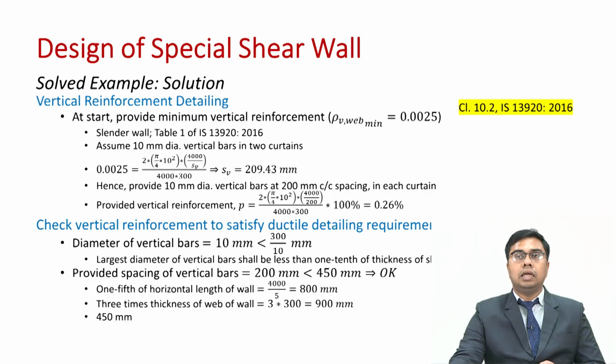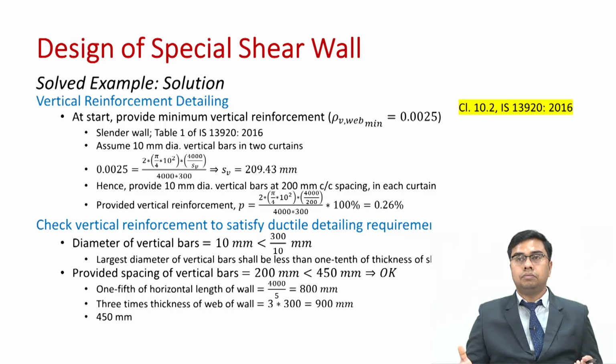The second guideline related to ductile detailing is about the spacing of vertical bars, which says that the spacing cannot be more than any of these. The first criterion is 1/5 of the horizontal length of the wall. So, the horizontal length of the wall is now 4 meters because we have 500 mm long boundary elements on either end.